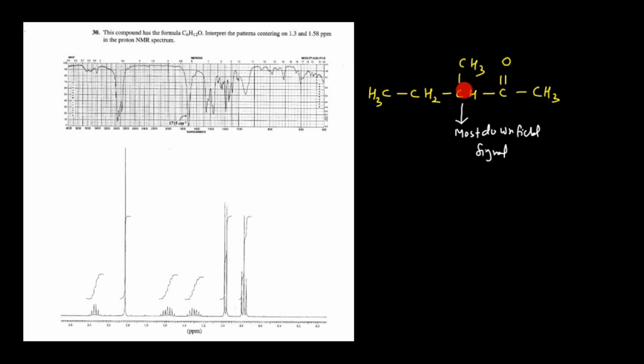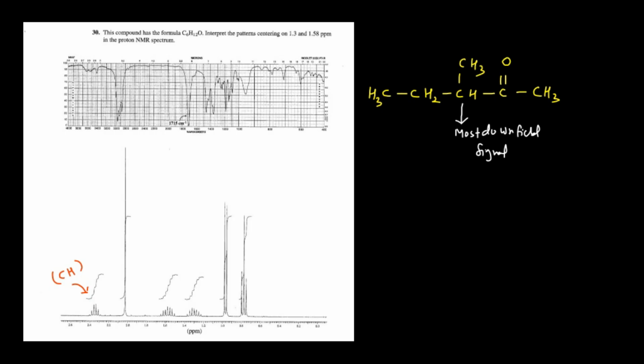So it will deshield these hydrogens, and deshielding always causes a downfield shift. So in the entire molecule, this signal would be the most downfield signal. So straightforward, you can jump to the conclusion that this particular splitting pattern is due to the presence of the CH. Okay, later we will decide how we are having this particular set of the splitting pattern.